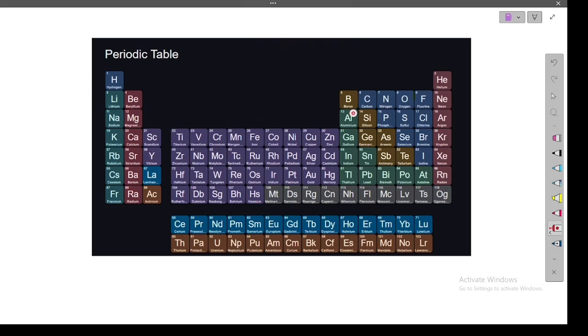And it's pretty easy to remove that because it's not that tightly held. But if we talk about the configuration of aluminium, the atomic number is 13, which means the configuration is 2, 8, and 3. So there are 3 electrons in the outermost shell.